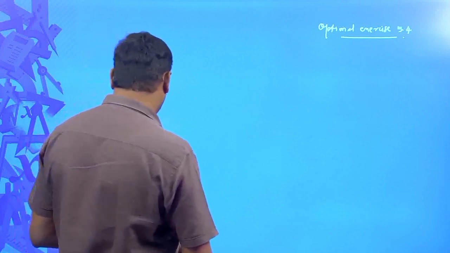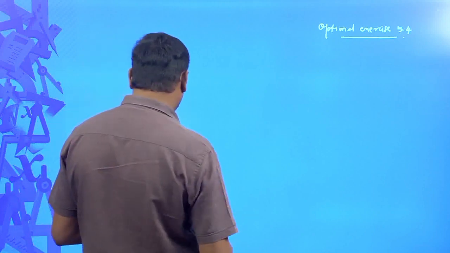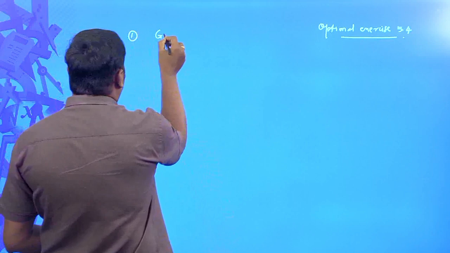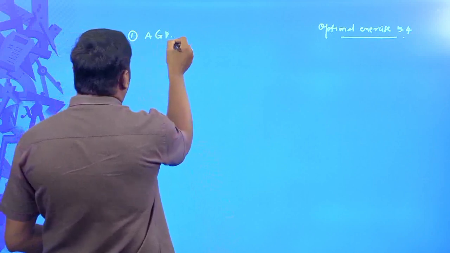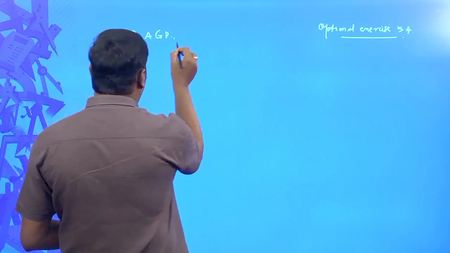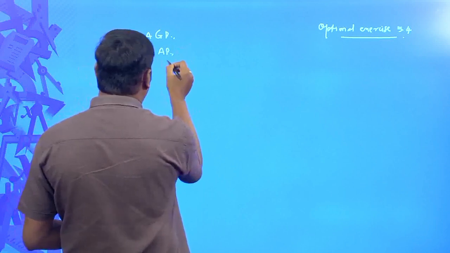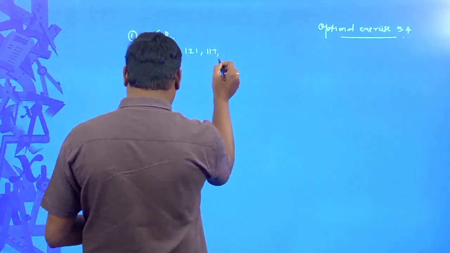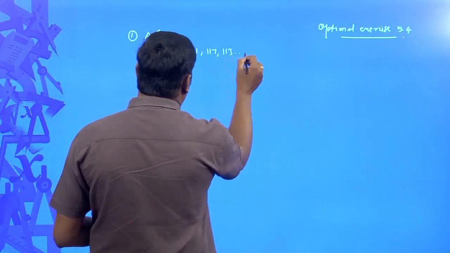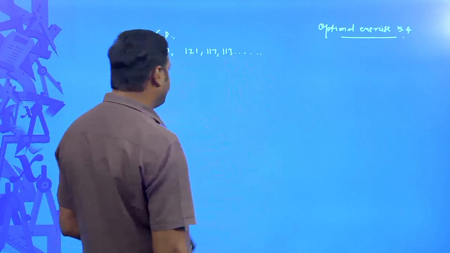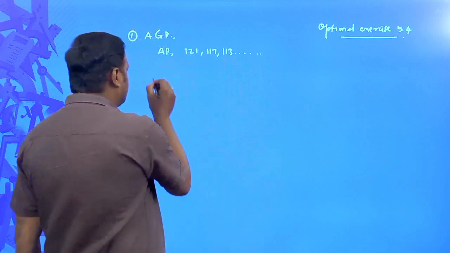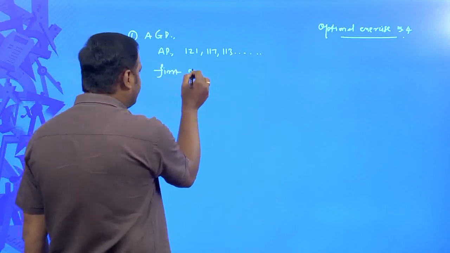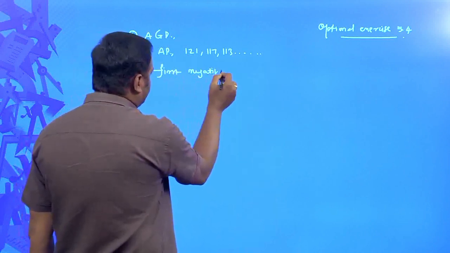Coming to the very first problem: which term of the AP 121, 117, 113 and so on is the first negative term?